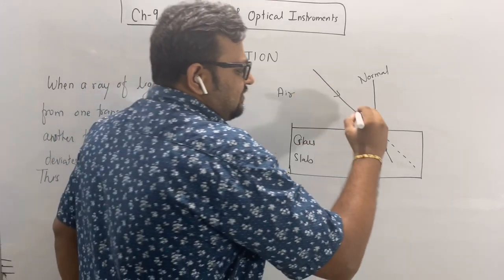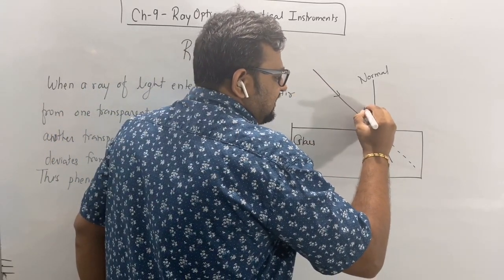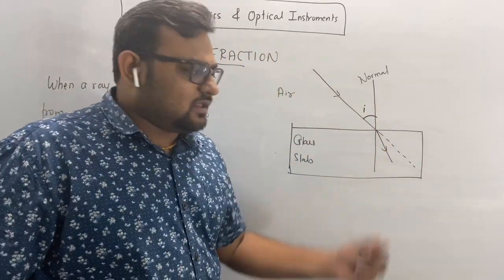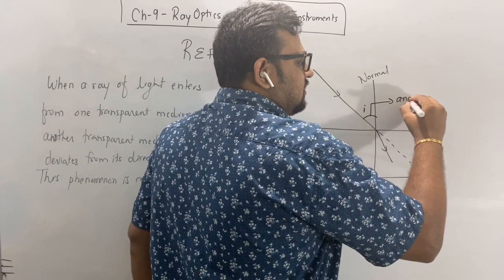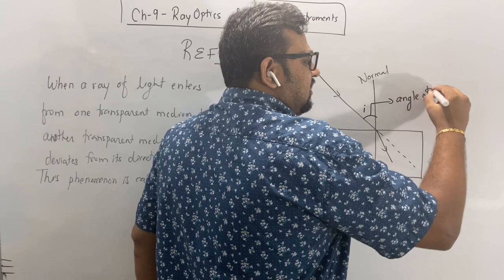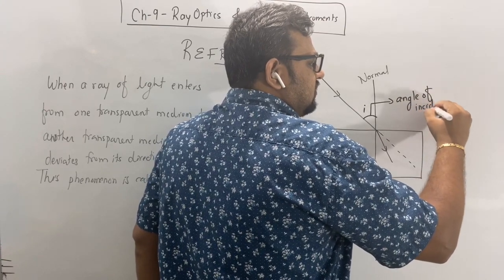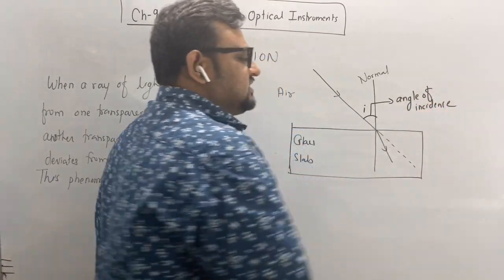The angle made between the incident ray and the normal is called the angle of incidence.